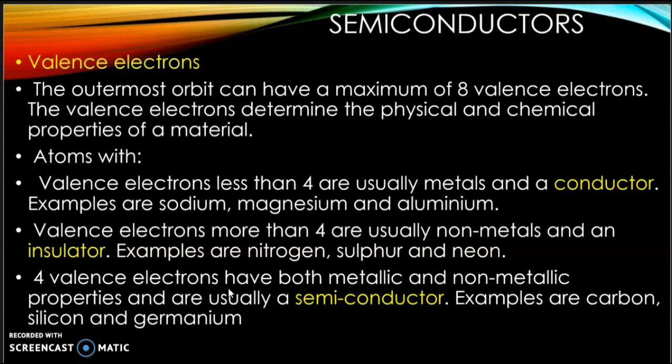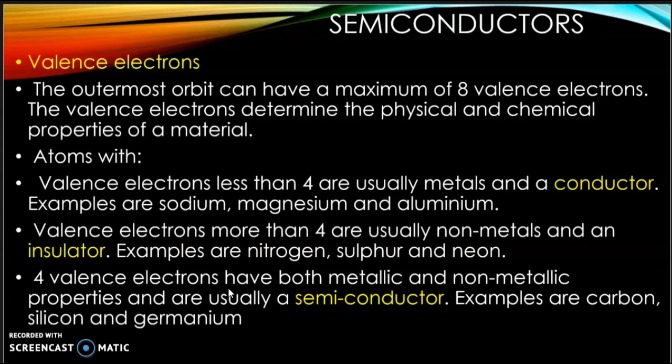So whenever the number of valence electrons of an atom is equal to 4, then that material is a semiconductor. That means its conductivity lies between a metal and an insulator, that is, a conductor and an insulator. So examples of these semiconductors are carbon, silicon, and germanium.